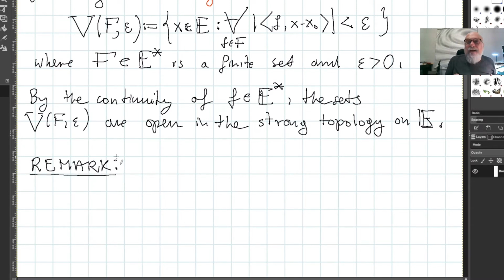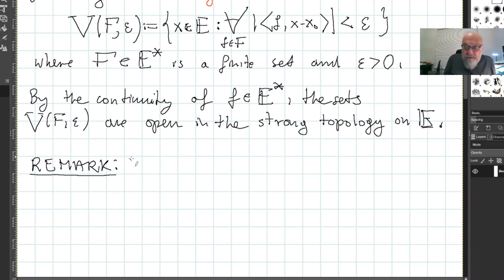And this is kind of a simple exercise showing you that open balls in, let's say, Rn with respect to the norm infinity actually is a weakly open neighborhood of 0.